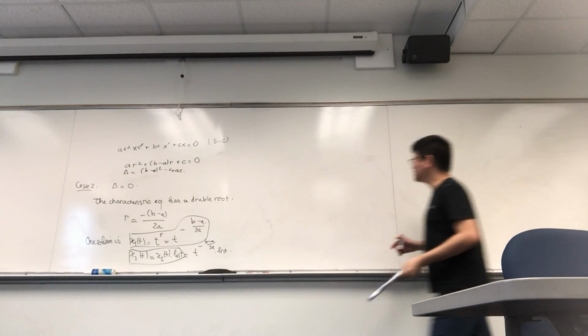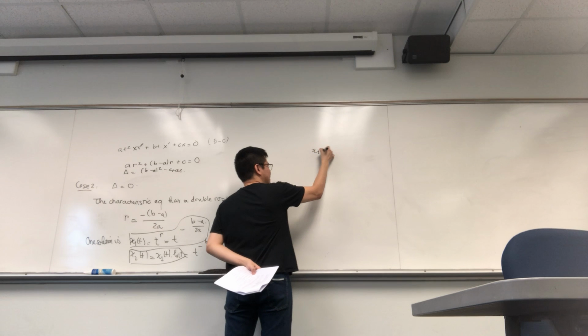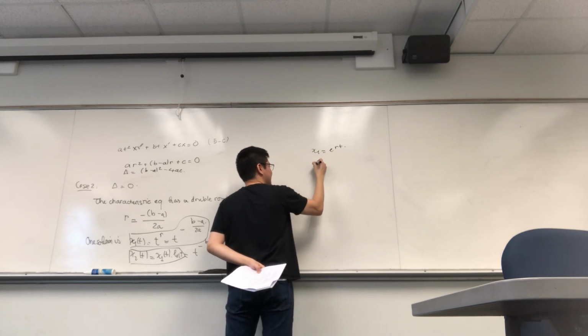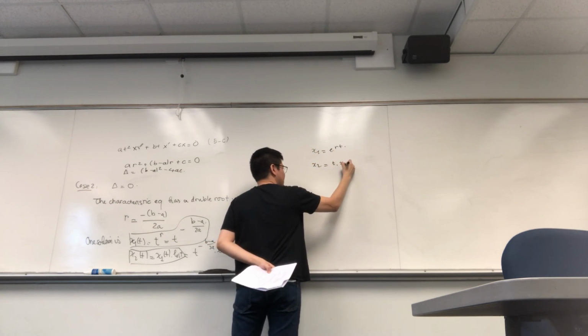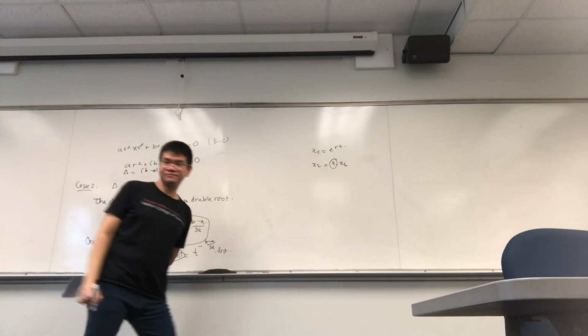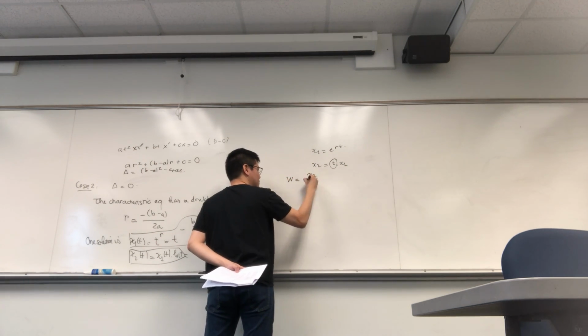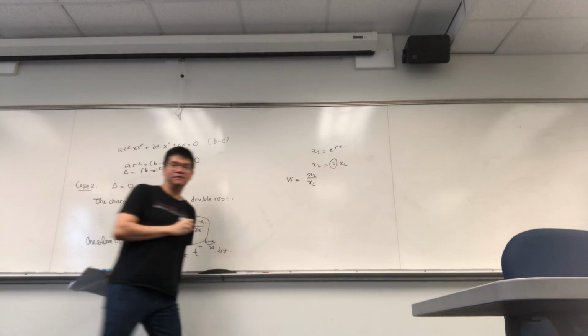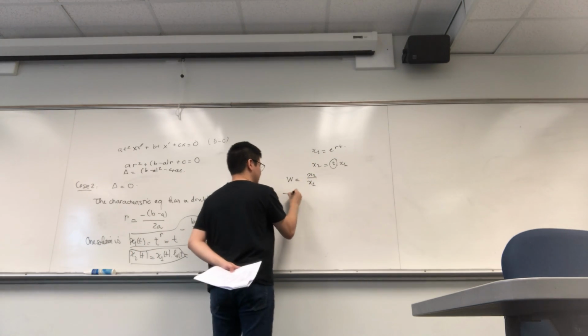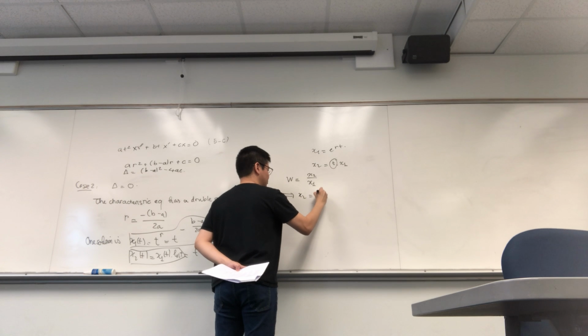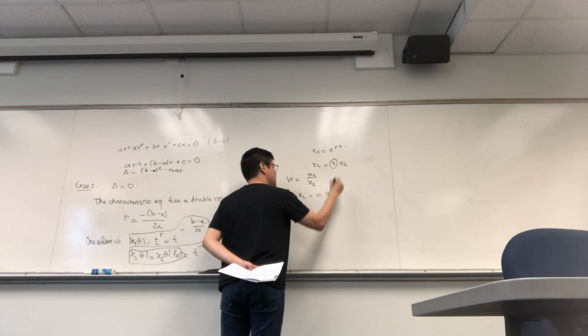Remember that? So you have x1 is e to the rt, and x2 is t times x1. So how do you find this t? You consider w is x2 over x1, right? And then you write x2 as w times x1, and you plug this back into the equation.